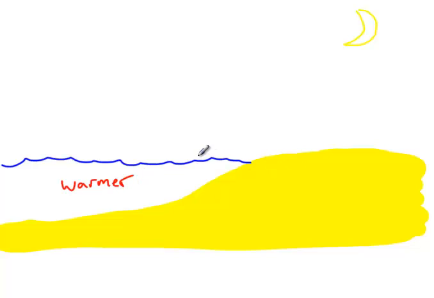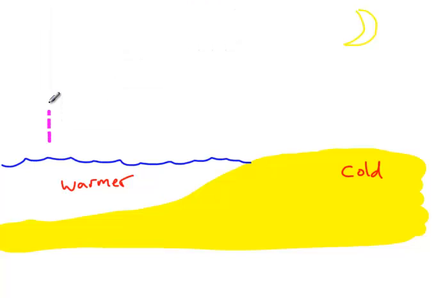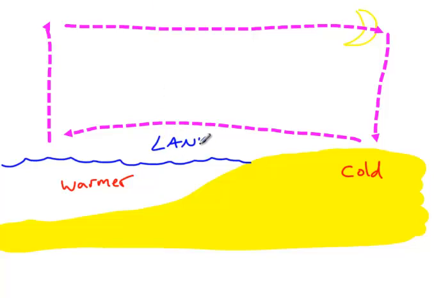If you've ever gone for a walk on the beach at night barefoot, you know that the water will feel warm while the sand is cold and wet. So the exact opposite situation is occurring here. At night, air is rising over the warm water. It is falling over the cold sand, and the convection current is the exact opposite. This is known as a land breeze.